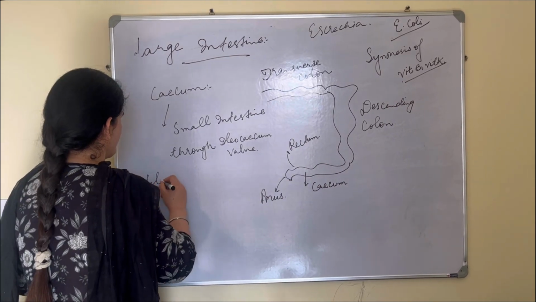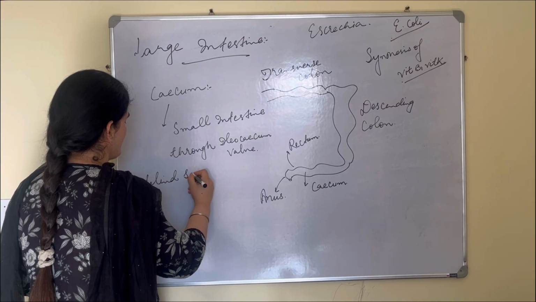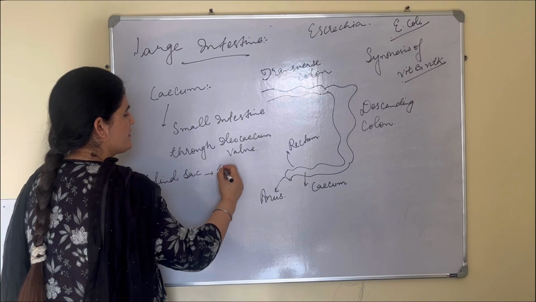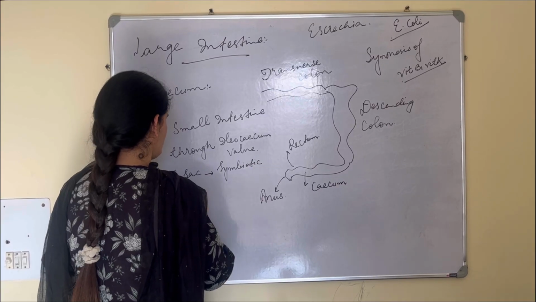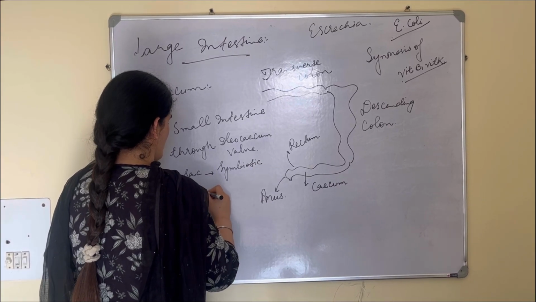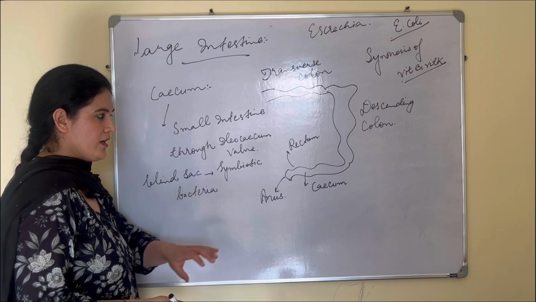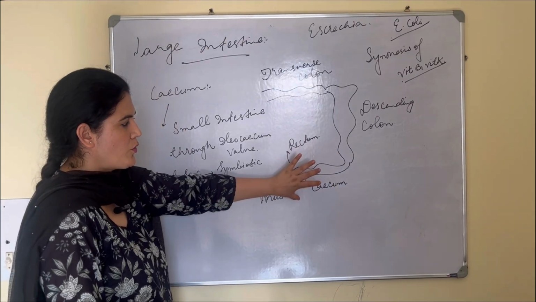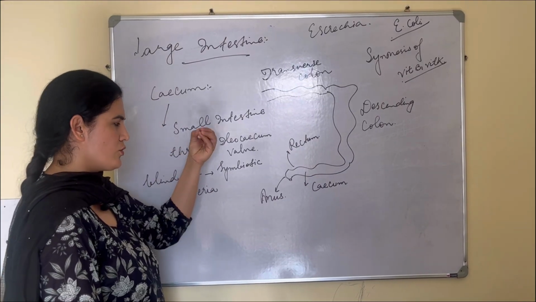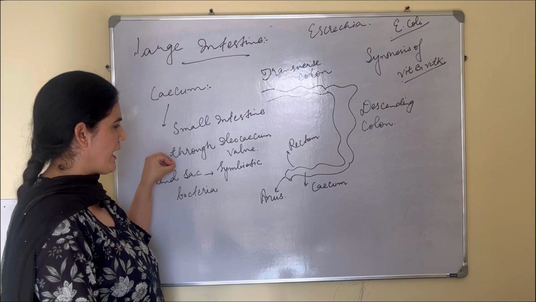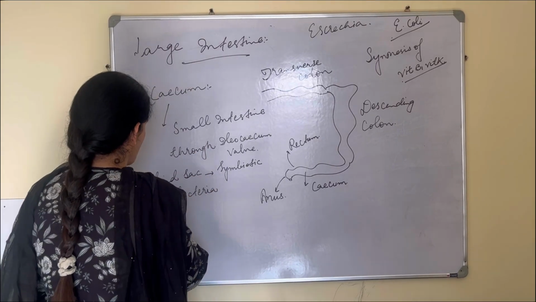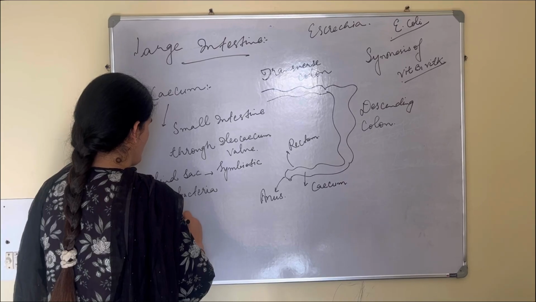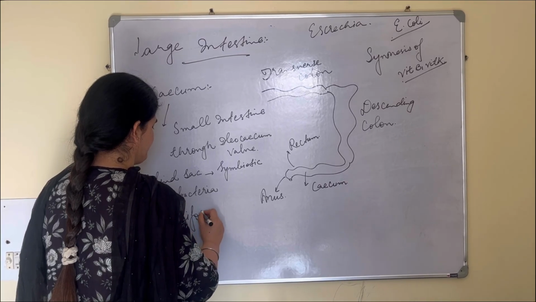That is called the blind sac, and there some symbiotic bacteria are present. The cecum, one end is closed, that is called the blind sac, and symbiotic bacteria are present, and that part is known as the vermiform appendix.